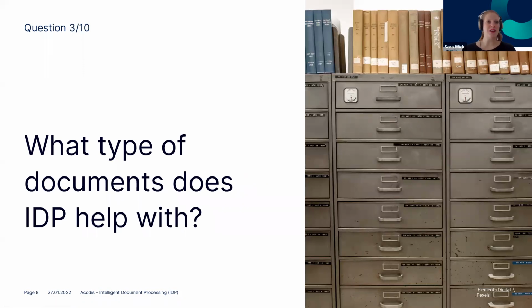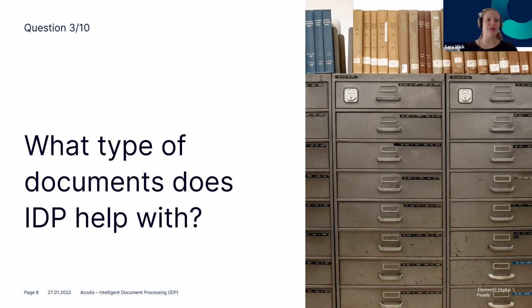So what type of documents does IDP help with? Before I mentioned contracts, insurance policies, invoices. So basically, we can process whatever document type you have, as long as it is useful to you. We have clients where we process a whole book series.